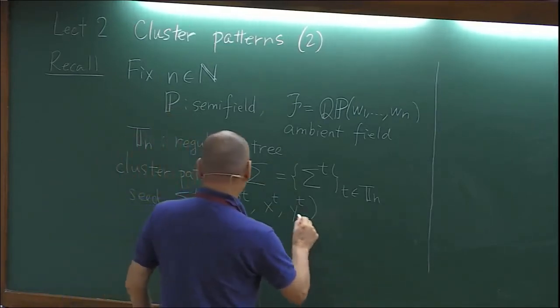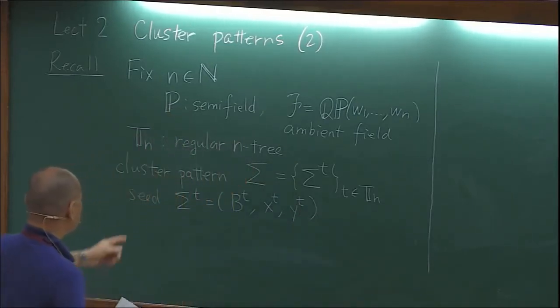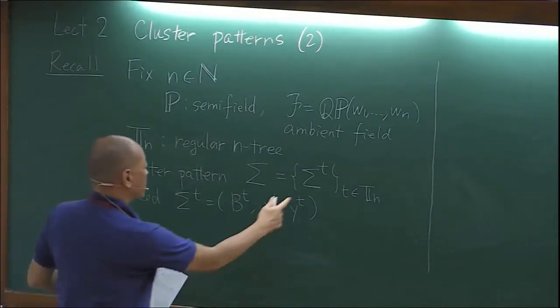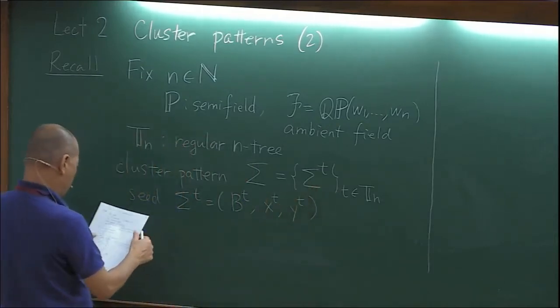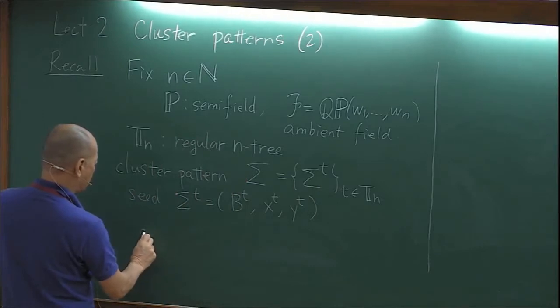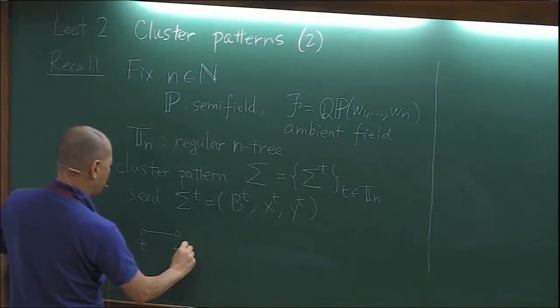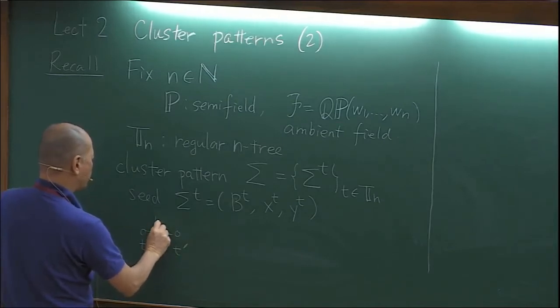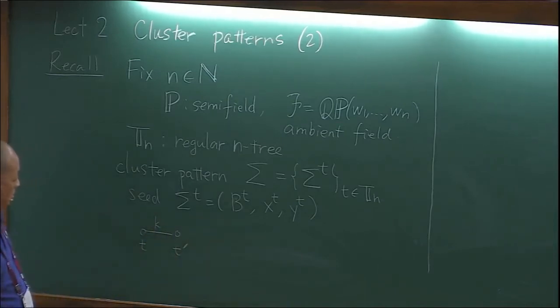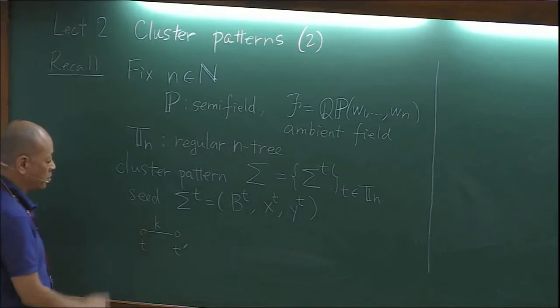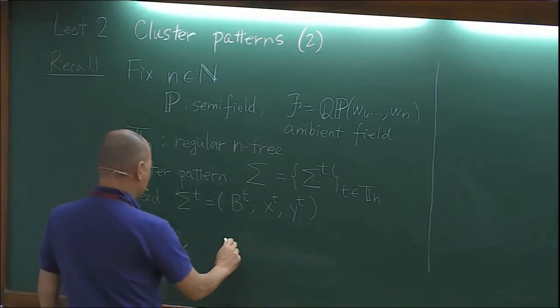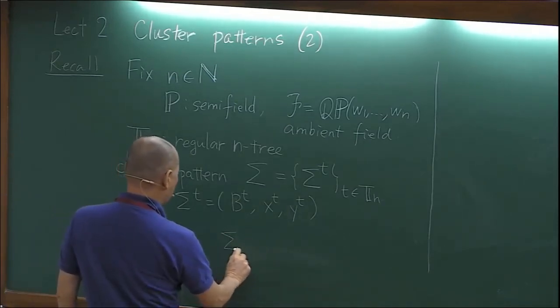Okay. So those are seeds, and the cluster pattern means that when two seeds are next to each other in this configuration of t and t prime, which is connected by an edge labeled k, then it satisfies a mutation.